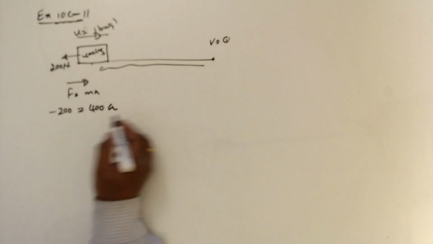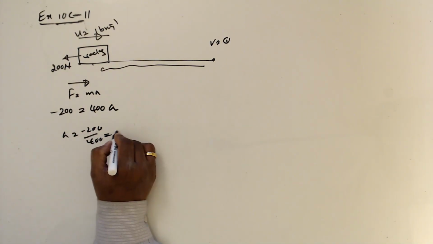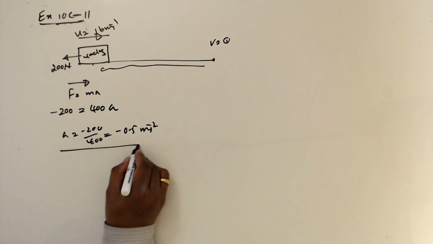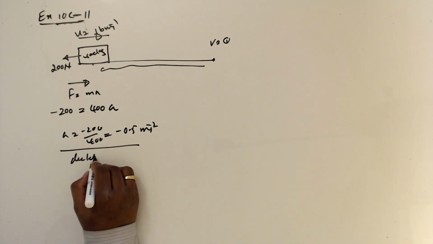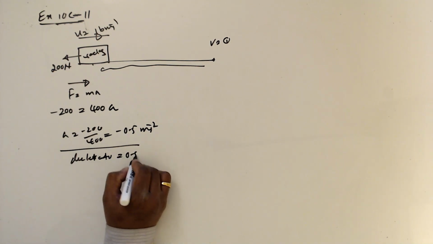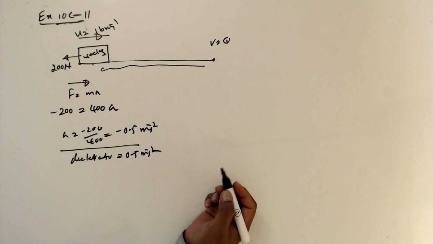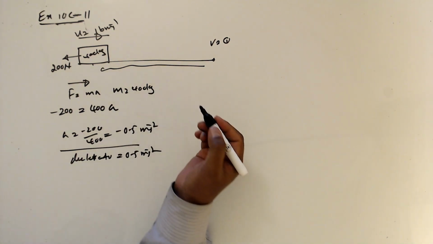So A equals minus 200 over 400, which is minus 0.5 ms^-2. So this is a deceleration. Deceleration is 0.5 ms^-2. M equals 400 kg.